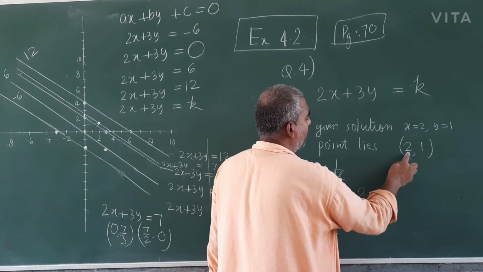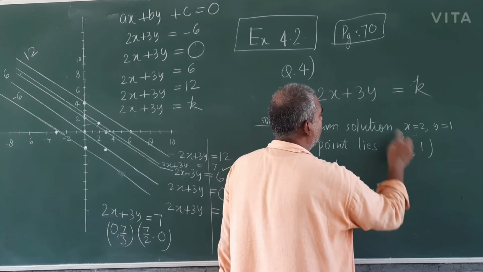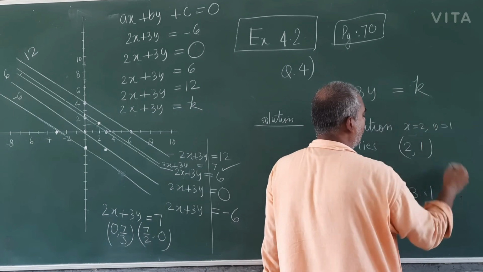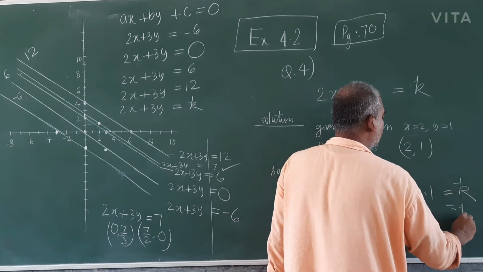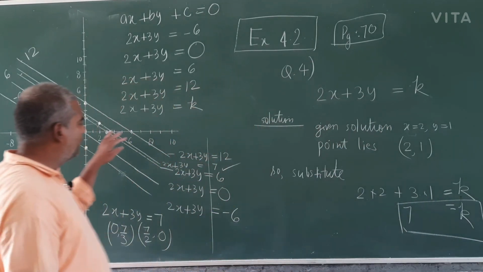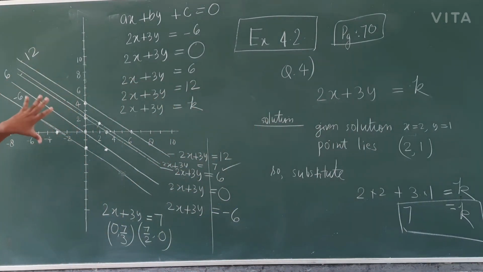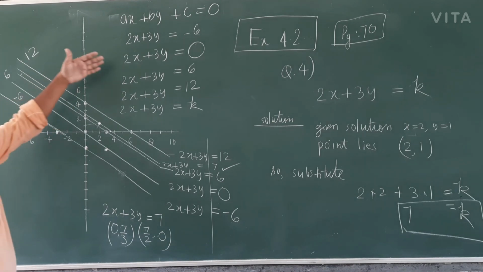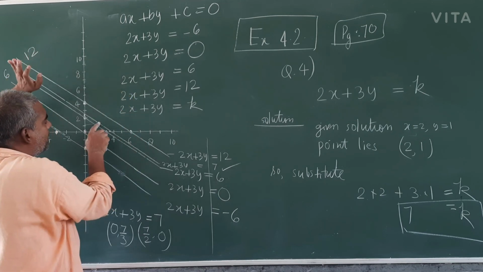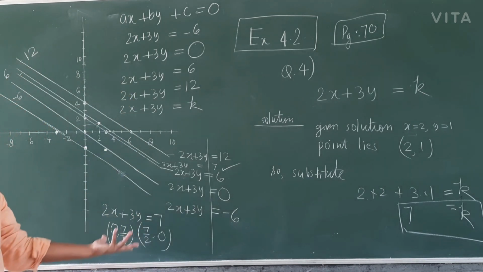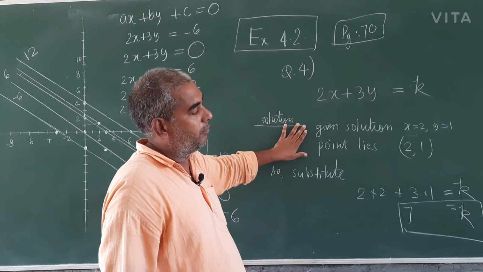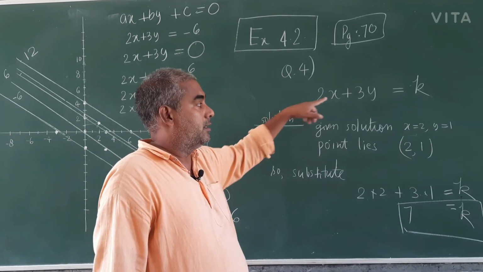Substitute x equal to 2, y equal to 1: 2 into 2 plus 3 into 1 is equal to k. So you will get k is equal to 7. This was somewhat hard, but it was the practical: the k value changes, these all lines are parallel, and we see which line passes through 2, 1. This was the whole explanation, but this is only the solving. In your book, this much solving is enough, but for understanding, these are required.